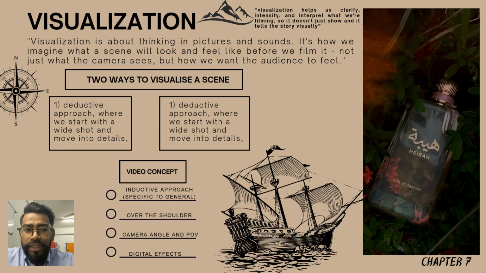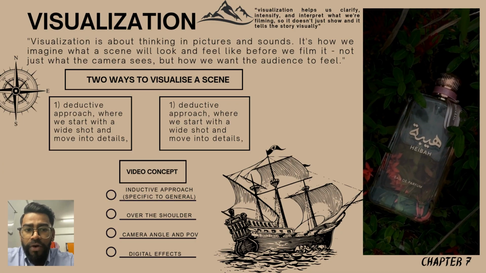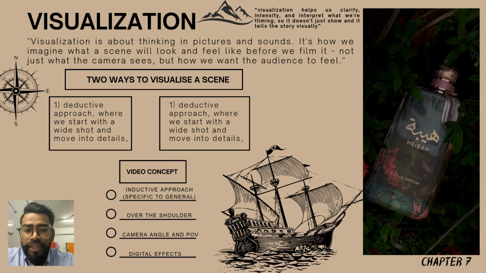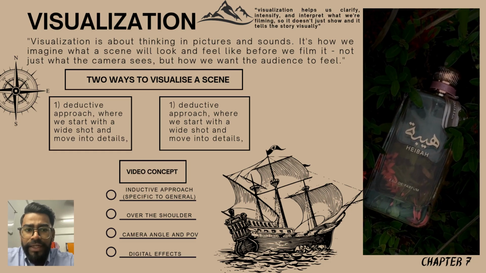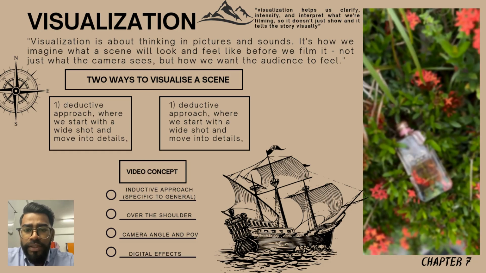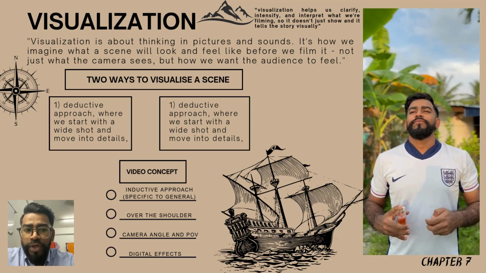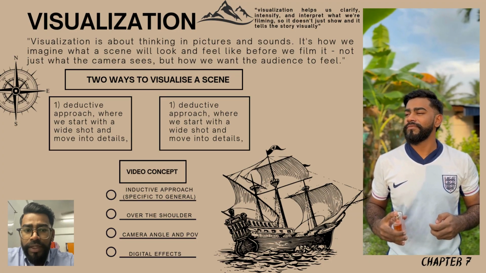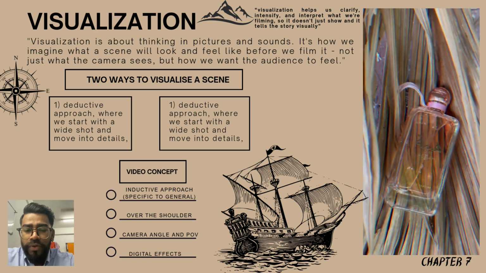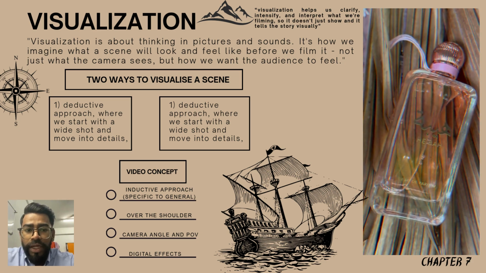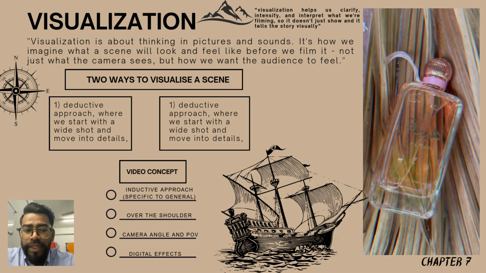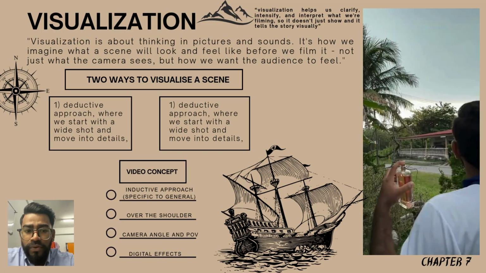Either we look at it objectively, or look at it for emotion and meaning, or create an entirely new visual using effects. Other important tools are point of view, which is camera angles, and how the storyboard is built, which helps to plan out the visual flow of the story.